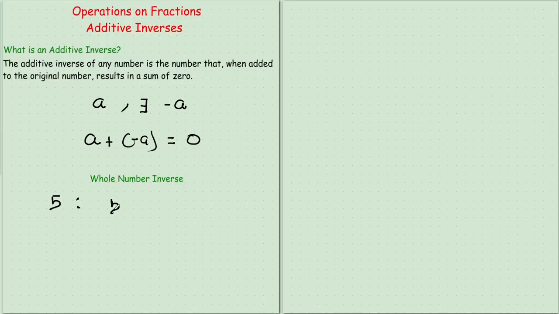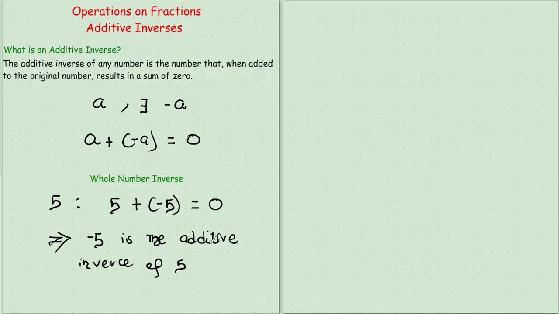If we take 5 and add negative 5 to it, it gives us 0. So it simply implies that negative 5 is the additive inverse of 5. As simple as that. For any whole number, its additive inverse is the negative of that same whole number.